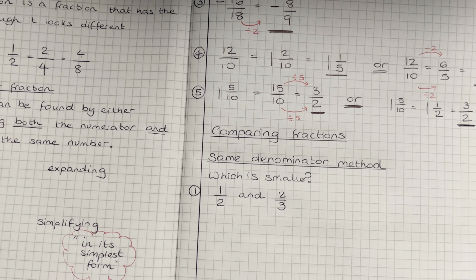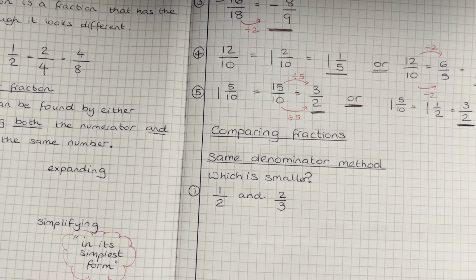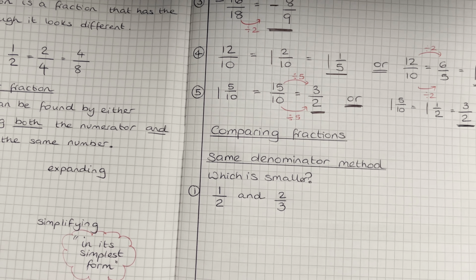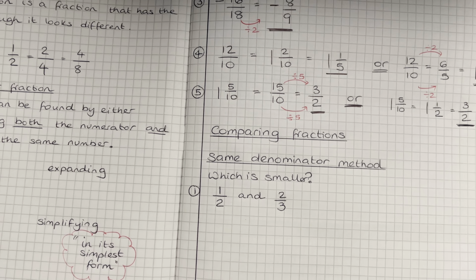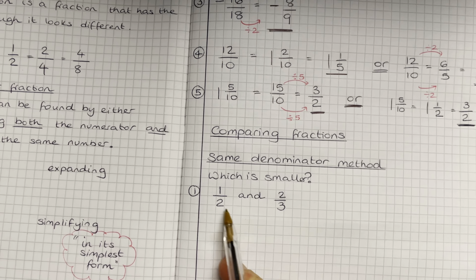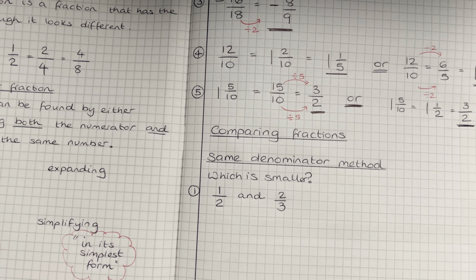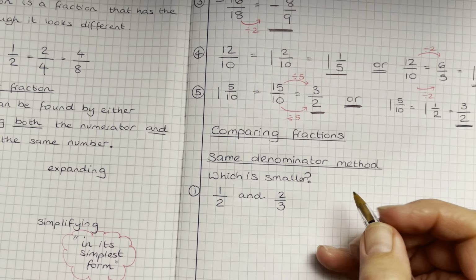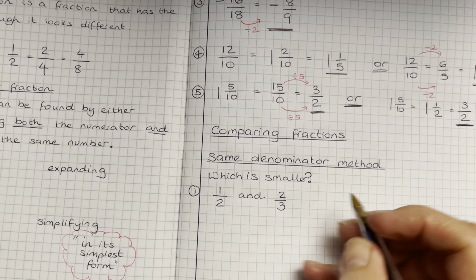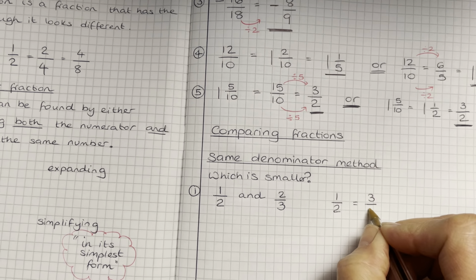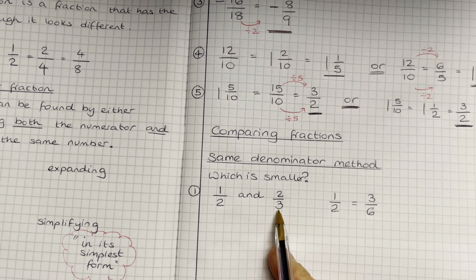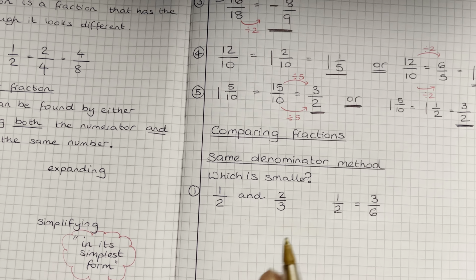Okay, let's have a look at it and see. I need to create equivalent fractions with the denominator the same. So the simplest way to do that is to multiply my two denominators together. If I do that, then I'm comparing 1 over 2 becomes 3 over 6 because I'm multiplying the numerator and denominator by 3.